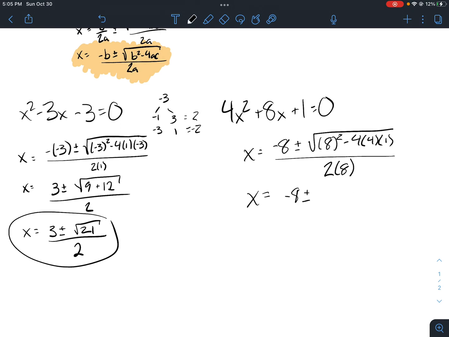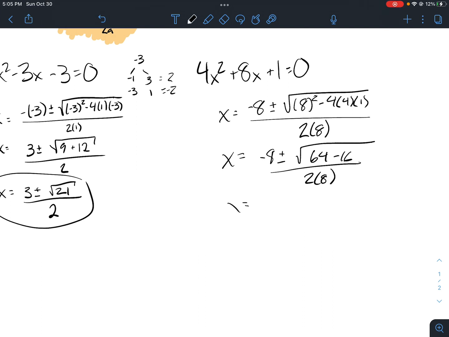Doing the math, we're going to have negative 8 plus or minus the square root of 64 minus 16, over 2 times 8. And now we'll have negative 8 plus or minus the square root of 48 over 16. 64 minus 16 is what, 48?